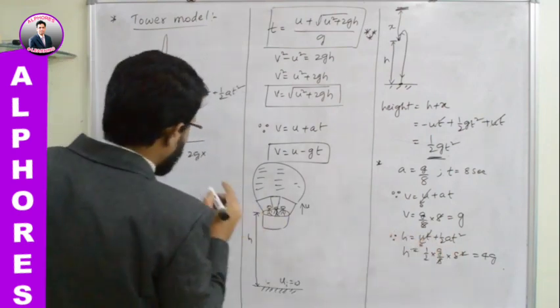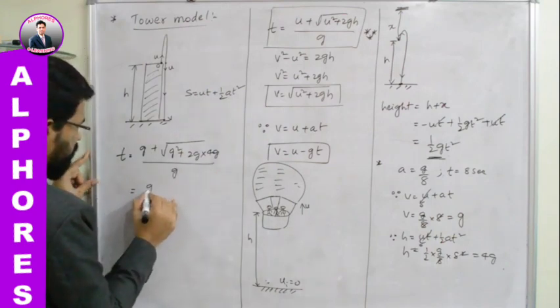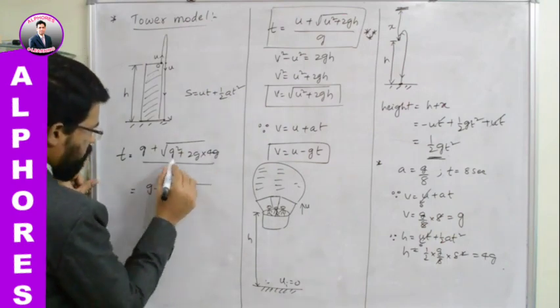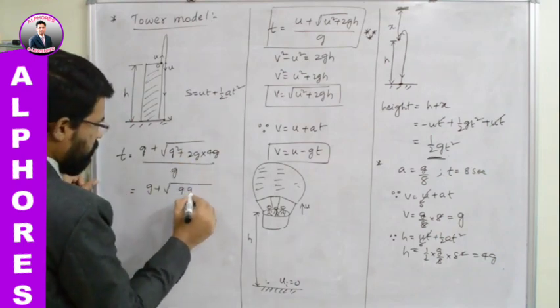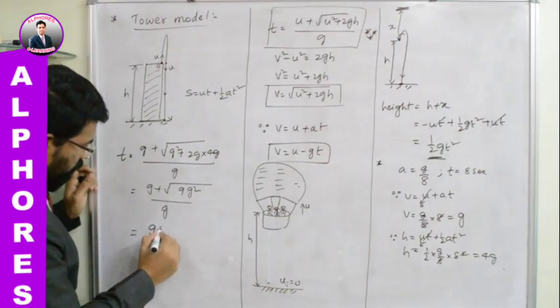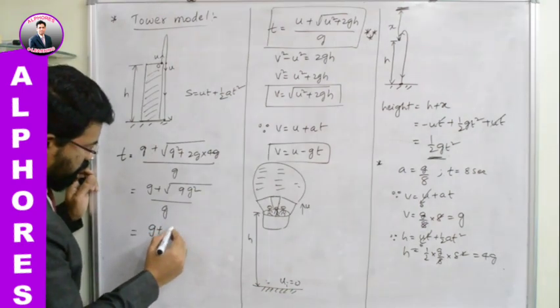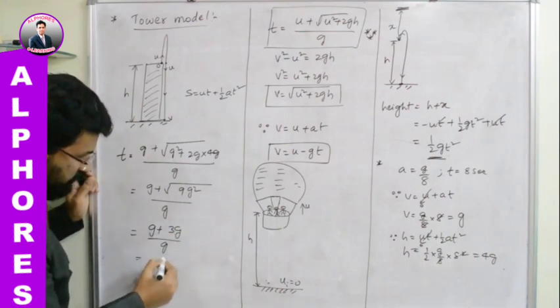H is 4g, so g plus under root g square plus 2 4s are 8g square. 8g square plus g square is 9g square, by g. It is g plus under root 9g square, which is 3g, by g. So finally we have 4g by g, g gets cancelled, and the answer is 4 seconds.